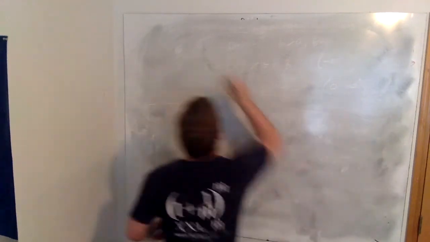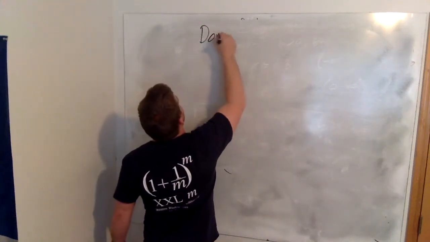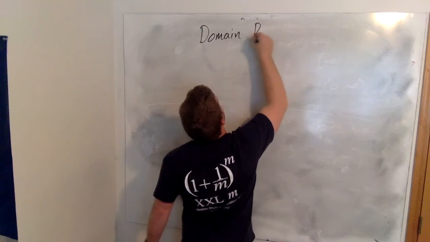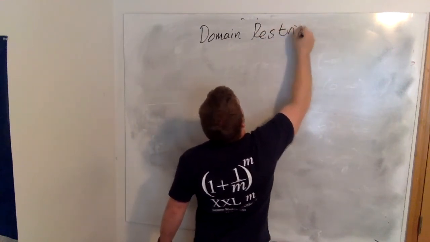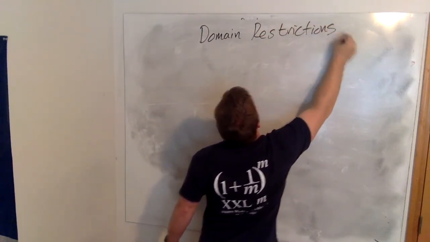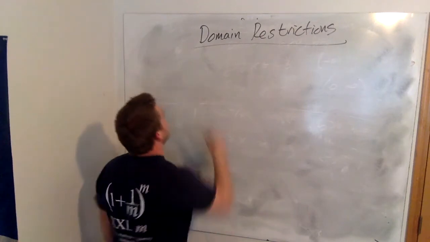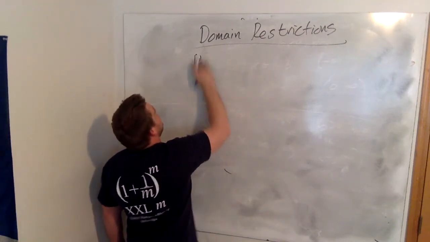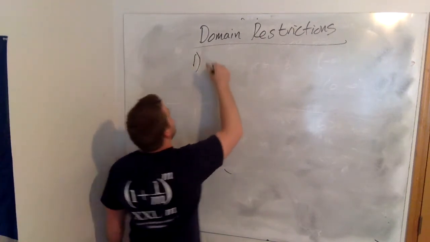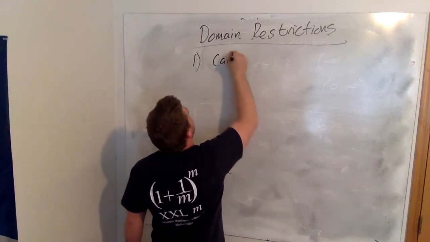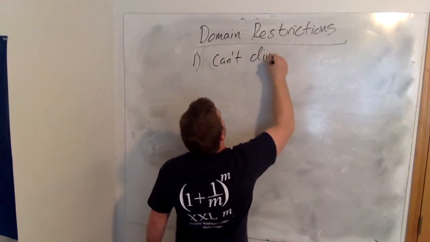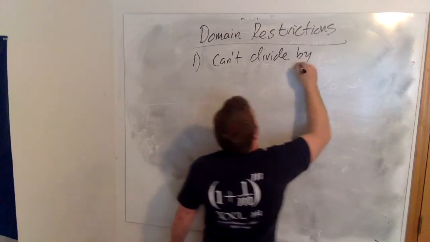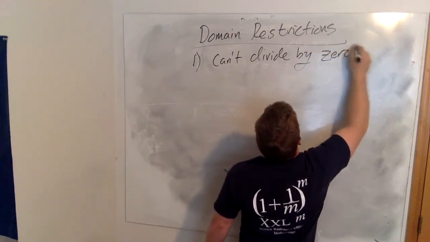We had our domain restrictions. Okay, what was the list? What was the first thing we couldn't do? Thou shalt not divide by 0. We can't divide by 0.